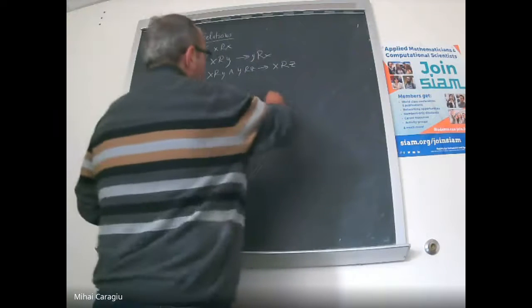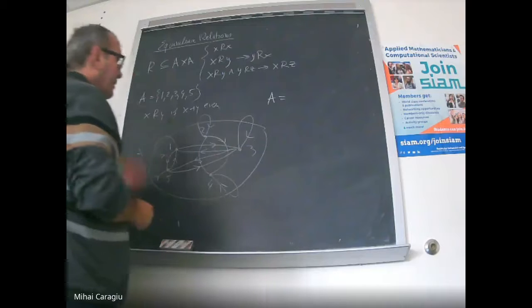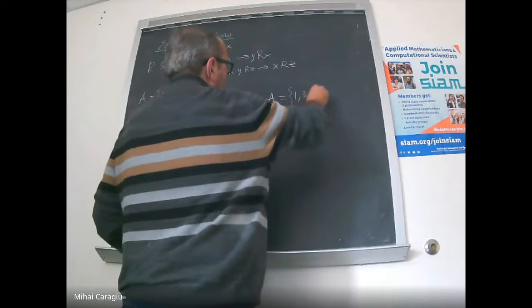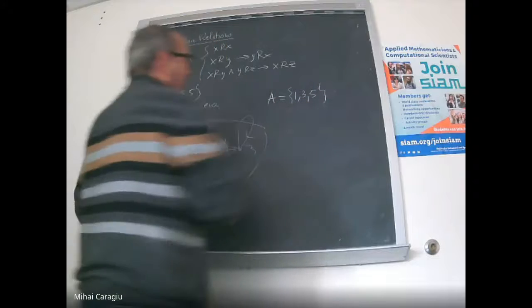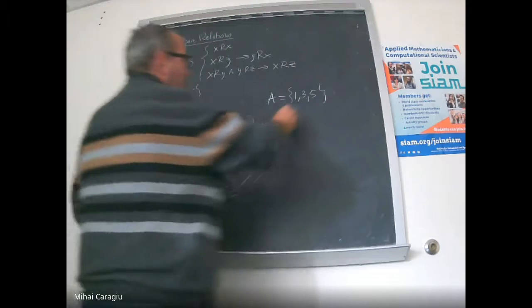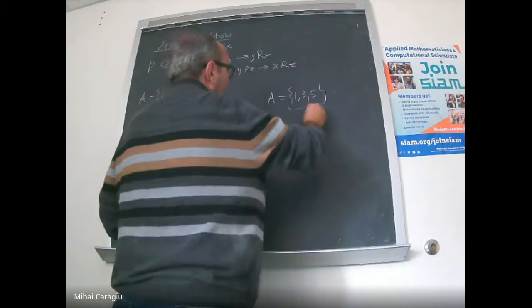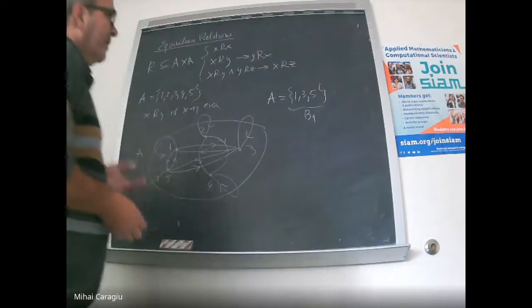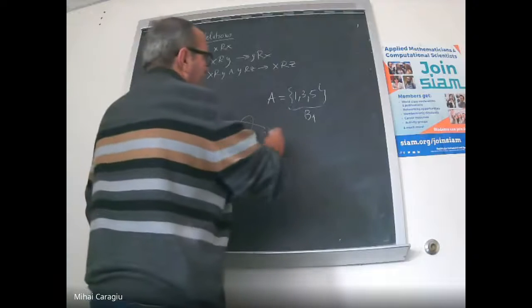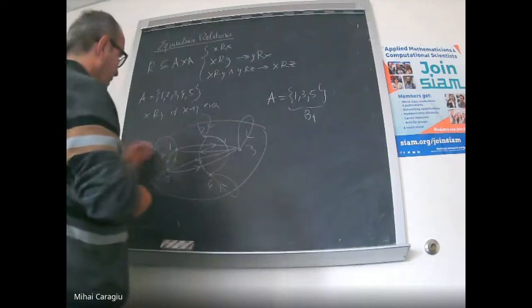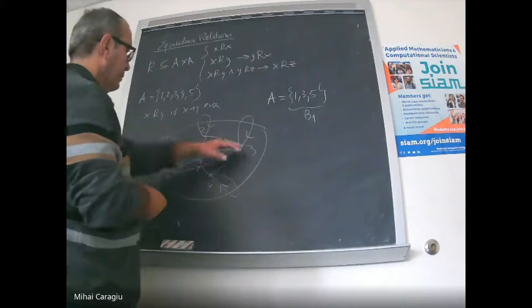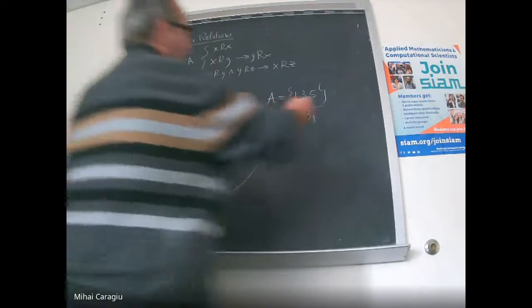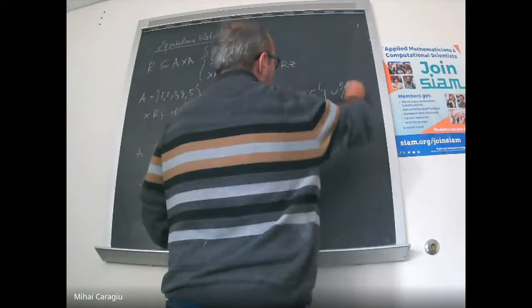So A can be written as a union of the subset {1, 3, 5}, where all elements are related. Let's call this block 1. It will be a block of what we'll be calling a partition. Within this block 1, everything is related to everything, like we see here: 1 R 1, 5 R 5, 3 R 3, and 1, 3, 5 back and forth with each other. Union, the second block will be {2, 4}.